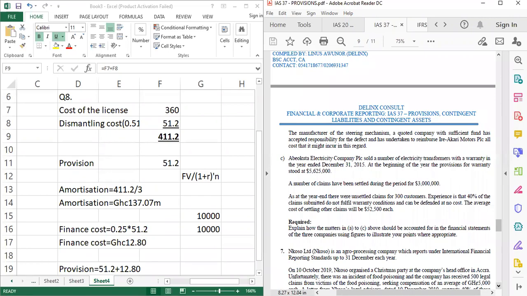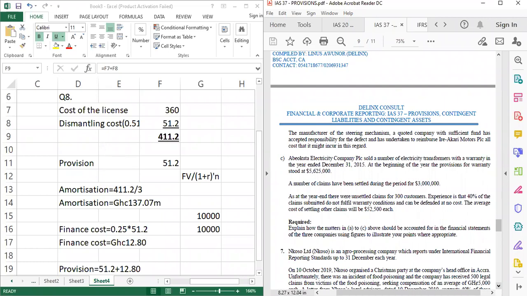A number of claims have been settled during the period for 3 million. As at the year end, there were unsettled claims for 300 customers. Experience is that 40% of the claims submitted do not fulfill warranty condition and can be defended at no cost. The average cost of settling other claims will be 52,500 each.